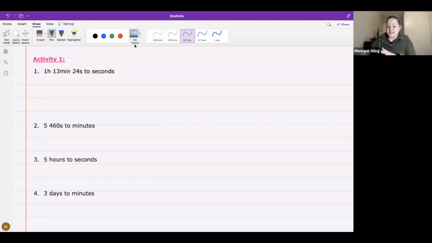Okay, can we have some answers for question 1? Converting 1 hour, 13 minutes, and 24 seconds all to seconds. What did we get as our answer?